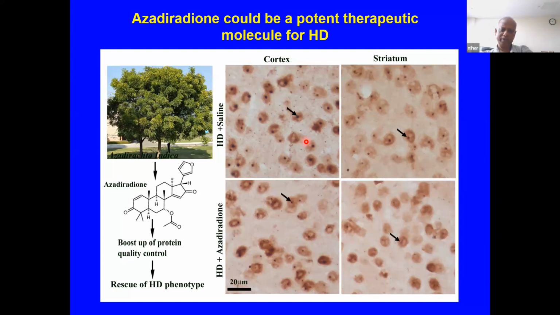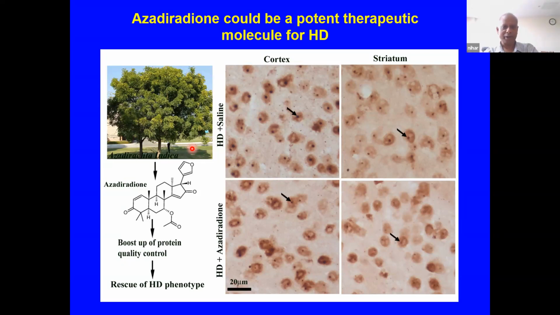This shows a clear promise that the active ingredient present in neem seeds could have a very promising effect on rescuing the typical Huntington disease phenotype that we have demonstrated in the mouse model, and could be implicated in typical Huntington patients. So that requires further investigation.